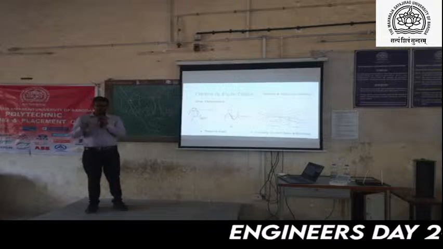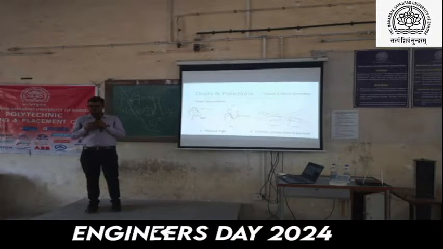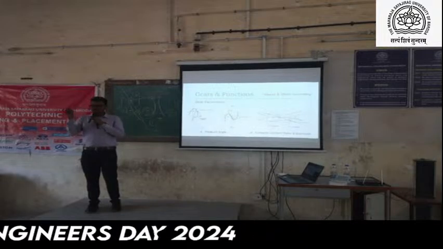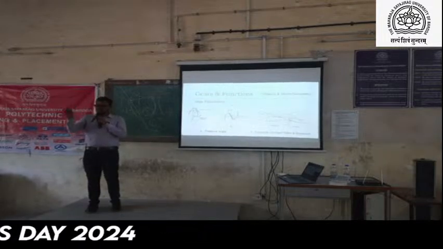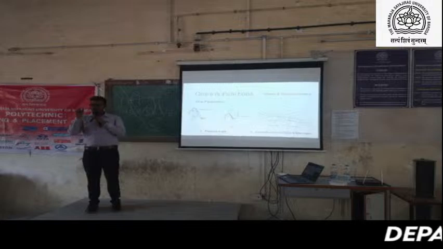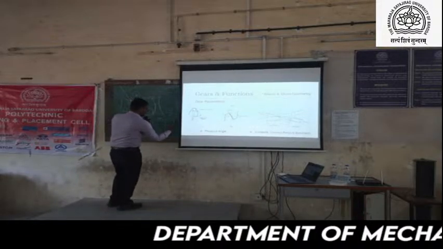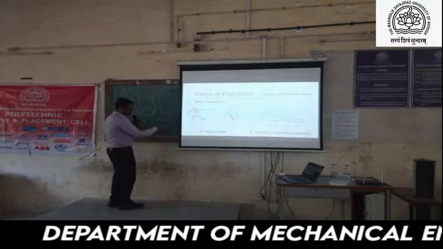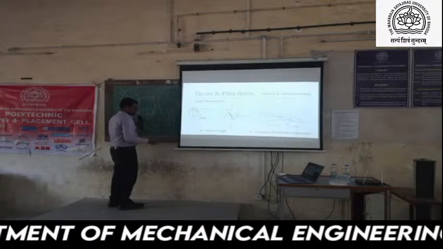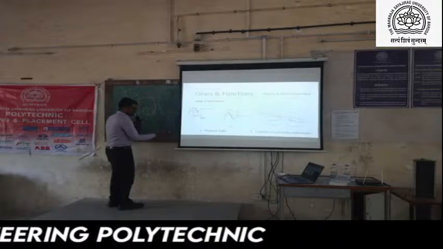So how can it be defined? Total contact ratio is nothing but the transverse contact ratio plus the overlap ratio. Transverse contact ratio is nothing but, see, this is the face of the gear. This is the center axis. For a spur tooth, the angle will be 0.